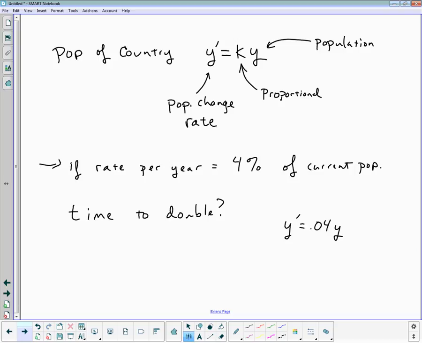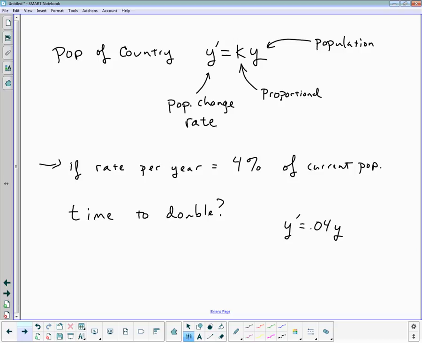We need to make sure that we are keeping this number under control. We know what we're dealing with. If you put a 4 in there rather than a 0.04, that means you're going to say e to the 4th power rather than e to the 0.04 power, which means the sucker is going to grow really fast.